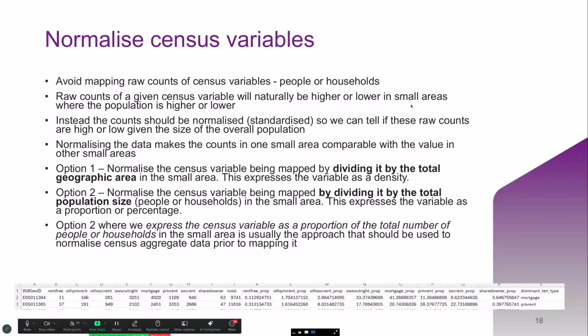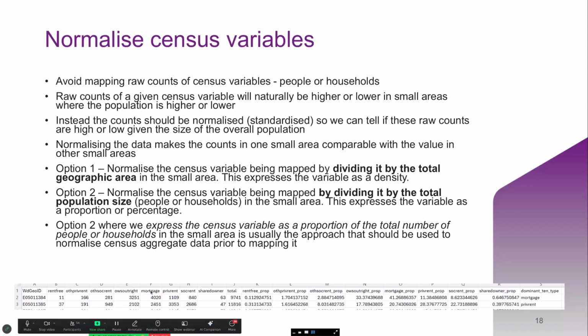To normalize data, there are 2 ways you can do that. You can divide it by the total geographic area, so you express that variable as a density, the number of terraced houses per square kilometre, or you can express it as a proportion of the population size, as a percentage.